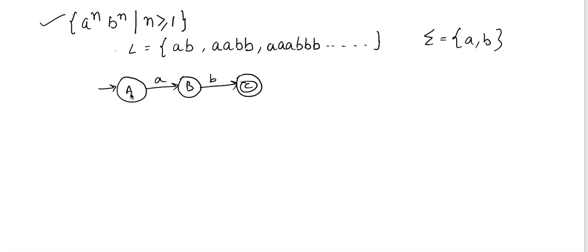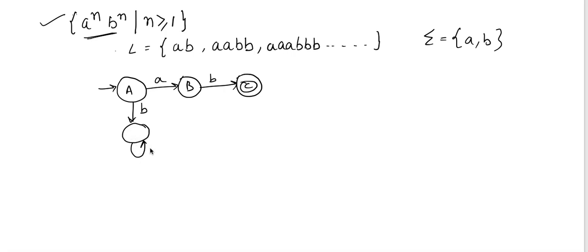On capital A state, I have a transition for small a. If small b comes, what should I do? It should start with a and end with b. Actually, you might think like this. If b occurs in the starting, because in starting we want only a's to come, right? So in starting, if b comes, I'll create a new state.